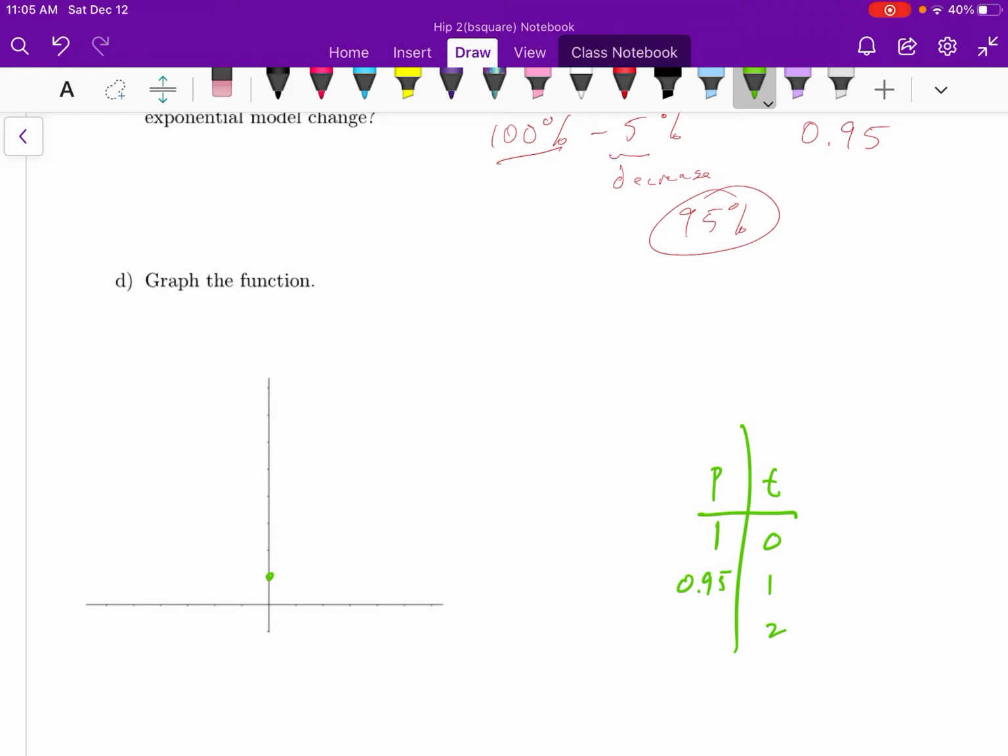If you give me a second, I will quickly calculate this on my calculator. At time equal to 2, it's 0.9025. So what we can see is as t increases, P is going to go towards 0.